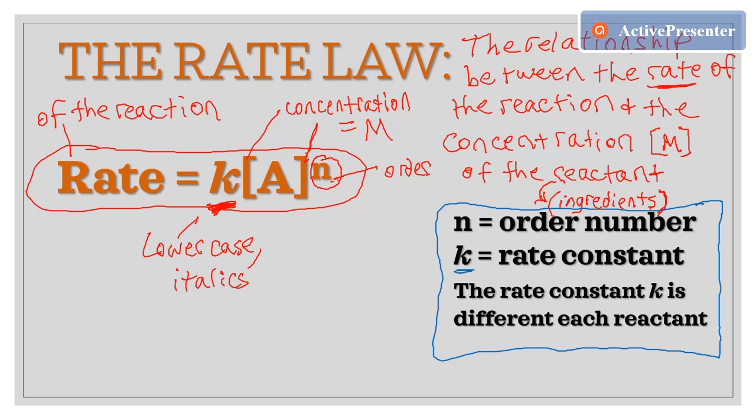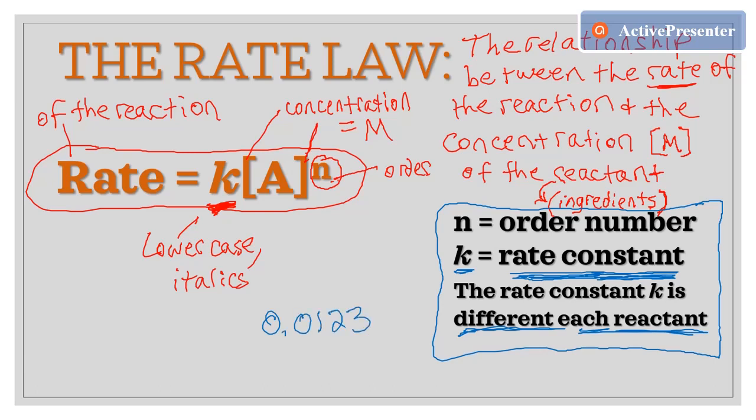The k is the rate constant. Because it's a constant, it doesn't change, but it's not the same number every single time you do the formula, because the constant in this case is different for each reactant. So A might have a certain amount of k, it could be 0, 1, 2, 3.